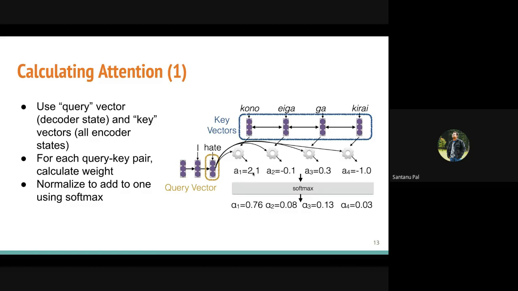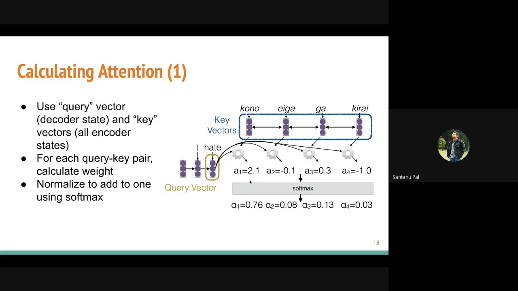If the query vector comes from the decoder state and you want to align it with some of the input words, for example, A1 is calculated. A1 here is the alpha ij I mentioned before. It has the information from the key vector, and it is the dot product of key and query that generates A1. It's like this for all the other cases, and then we have a softmax function, and then it is multiplied by the value vector.